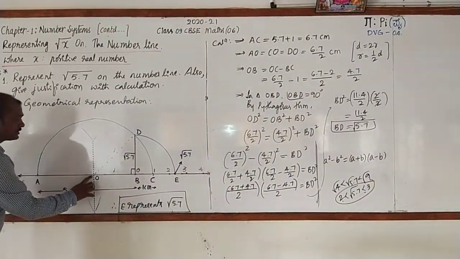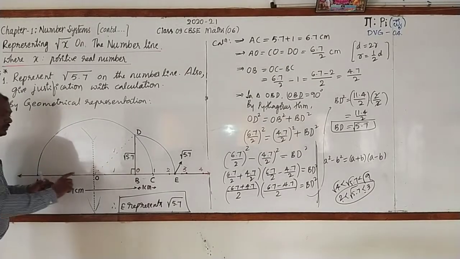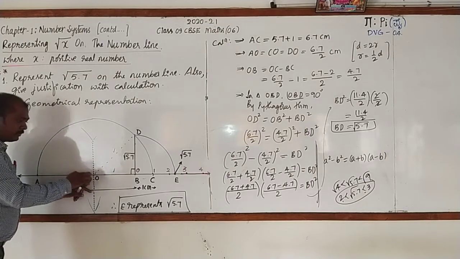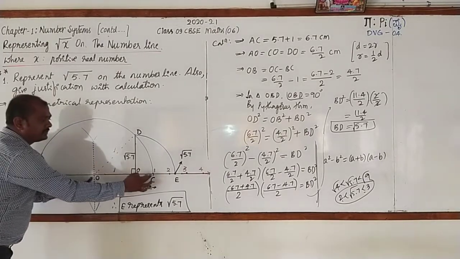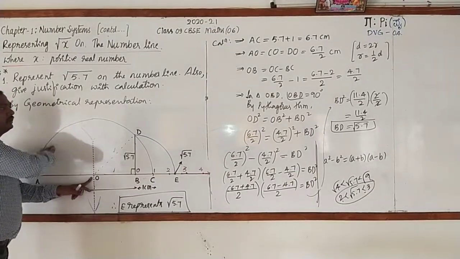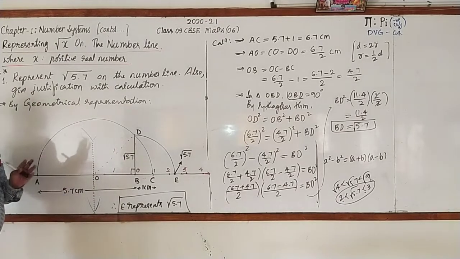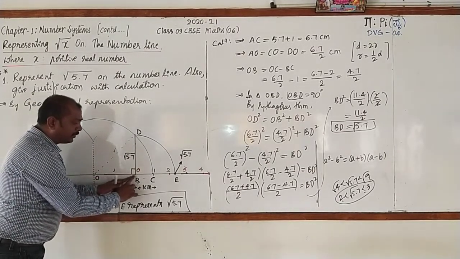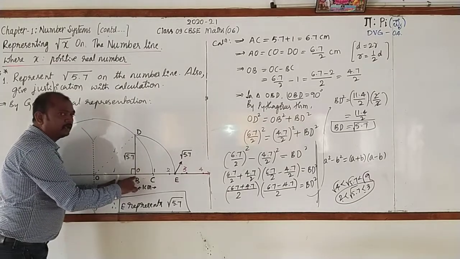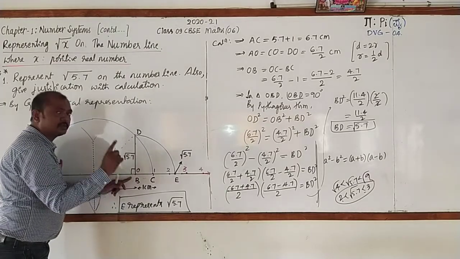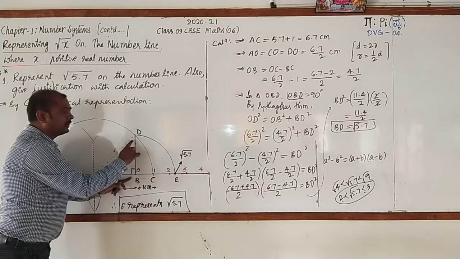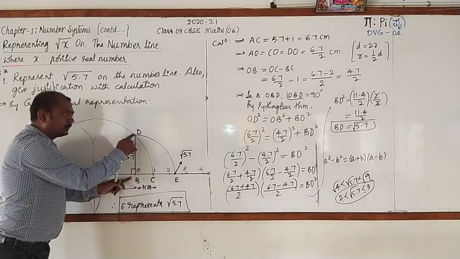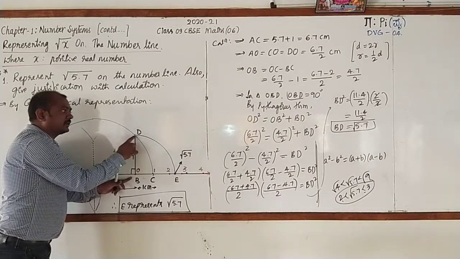Next, again you have to use the compasses with O as center, AO as radius or CO as radius. You have to draw a semicircle. Clear? Next, after that, at point B, draw a perpendicular. First, use the protractor, mark 90 degrees, take a scale and draw a perpendicular which cuts the semicircle at a point.